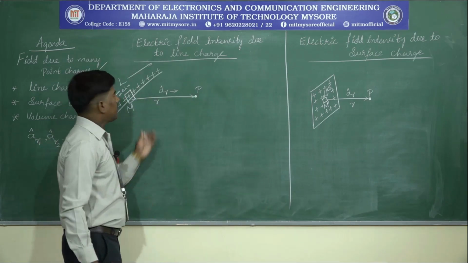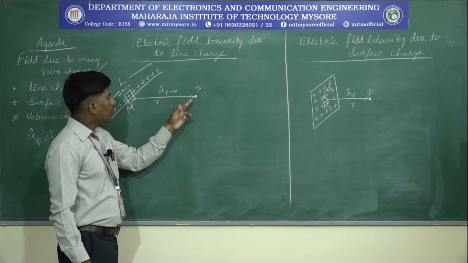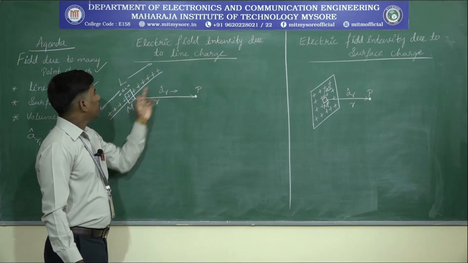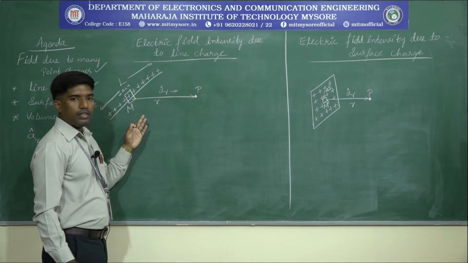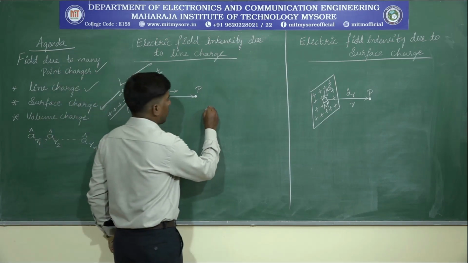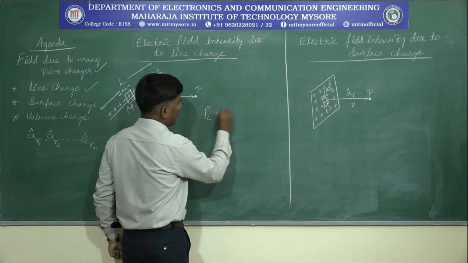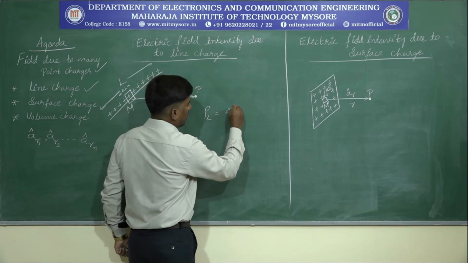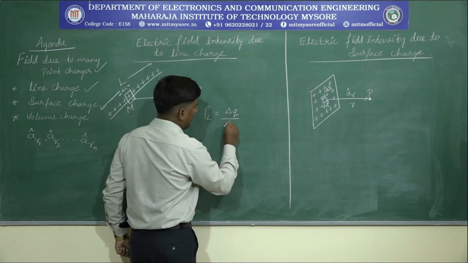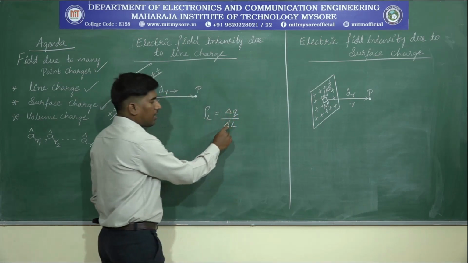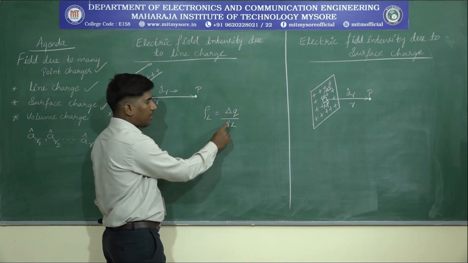The field intensity at point P due to this line charge is calculated using electric field intensity. Rho L, the line charge density, is equal to delta Q divided by delta L, that is, charge per unit length.